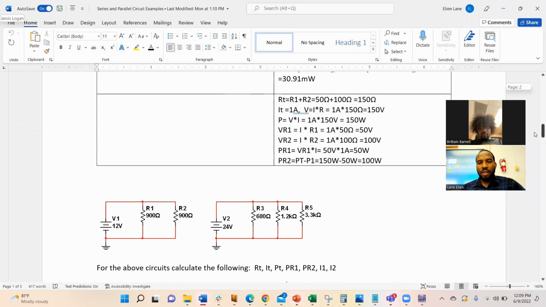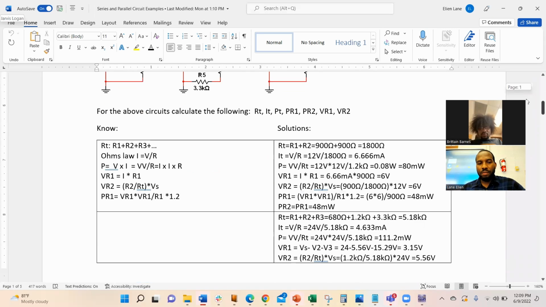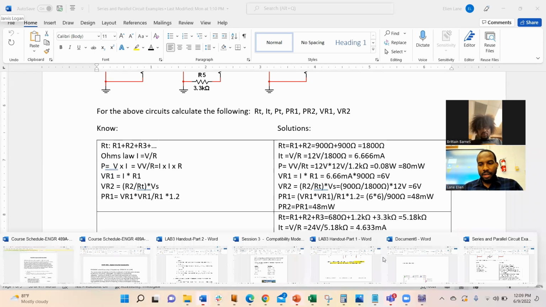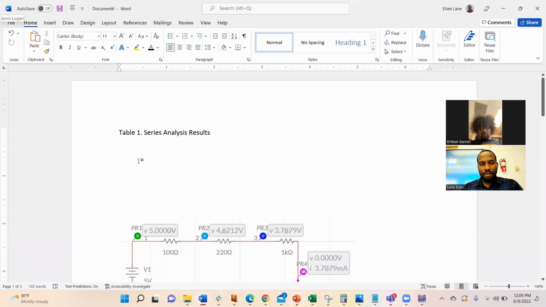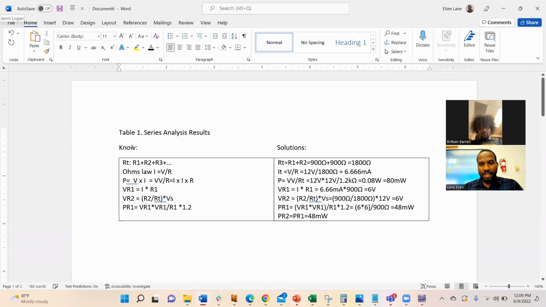So I'm going to copy the results for a series circuit in my lab. So this is my series circuit analysis.